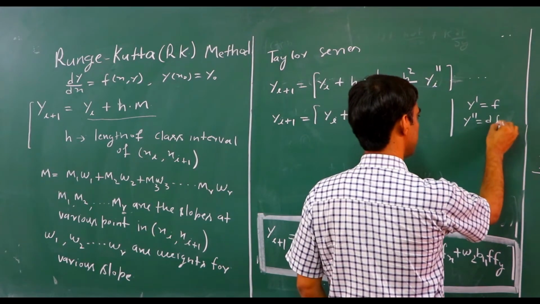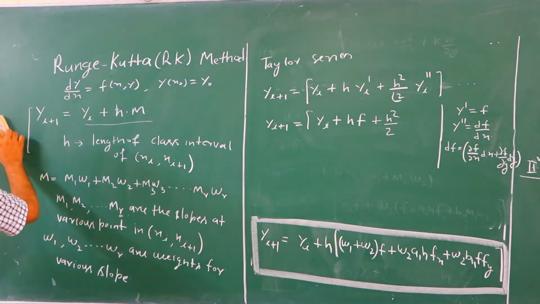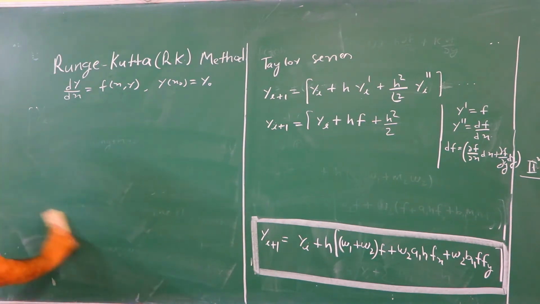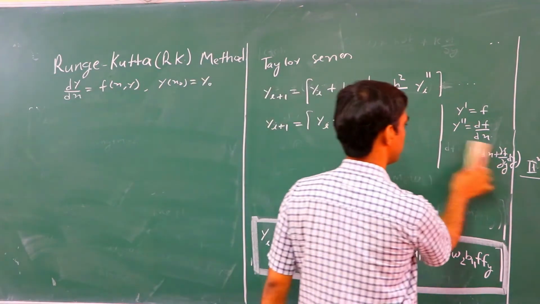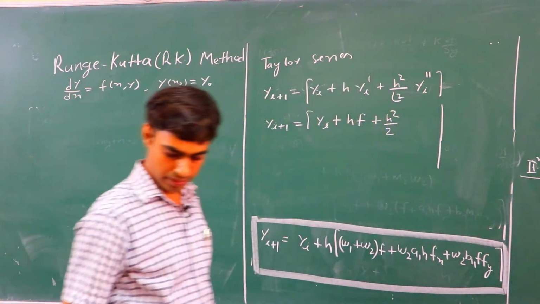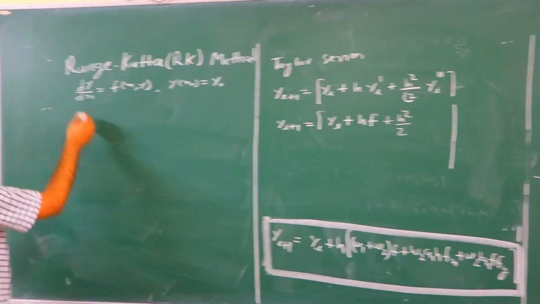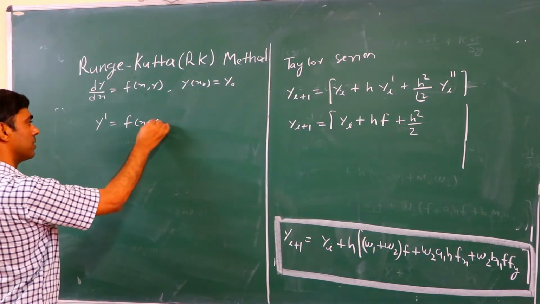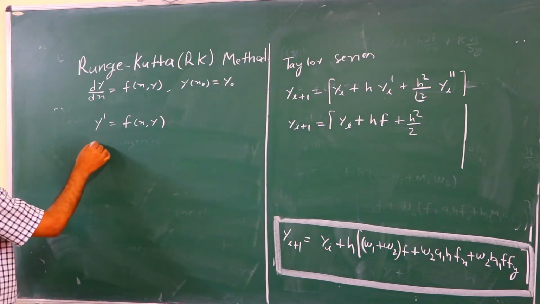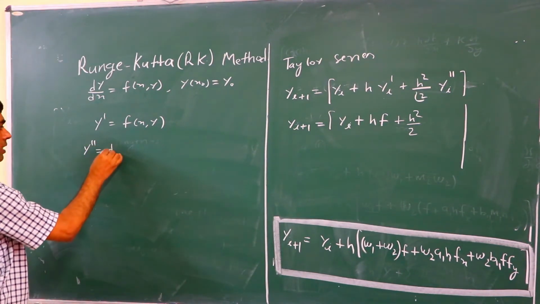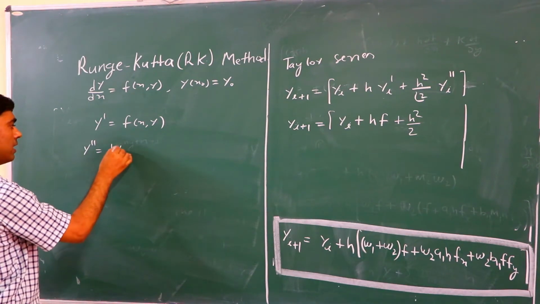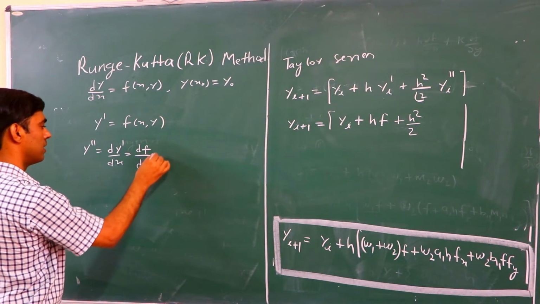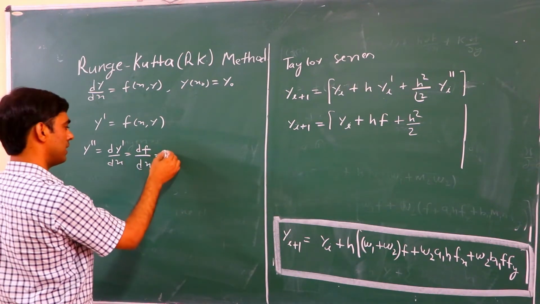Suppose here we write dy by dx equals this, which means y dash equals f of x, y. Then y double dash equals d y dash upon dx. This means df upon dx.